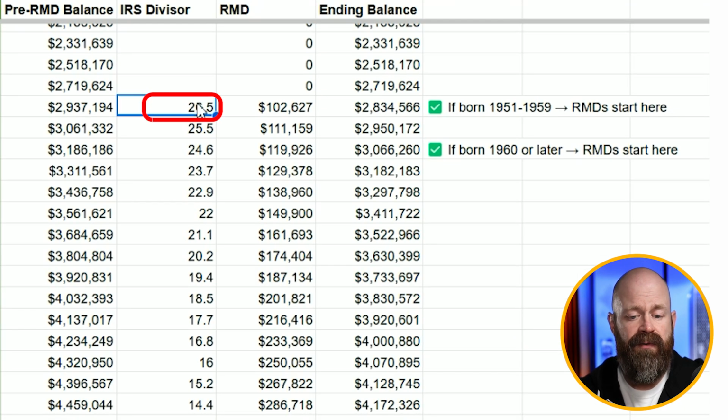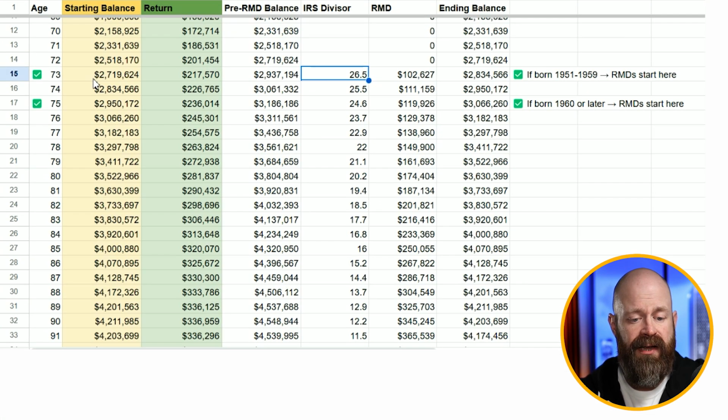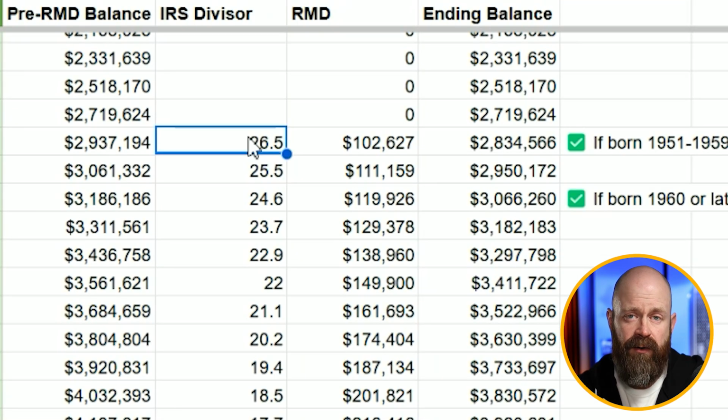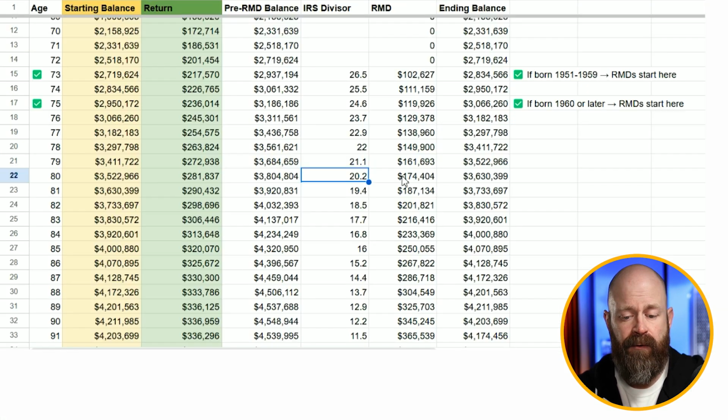So we start with our divisor at 26. Basically, we're taking our starting balance divided by 26, and that's determining our RMD. But then notice our divisor goes from 26 down to 20 by the time that we're 80. Well, that's driving up our RMD. Also notice that our end balance is growing because we're earning positive investment returns. We're down closer to 15 by the time we're 86, and closer to 10 by the time we're in our 90s.